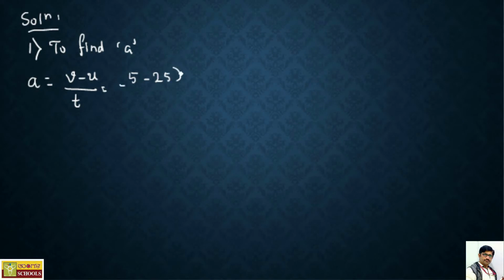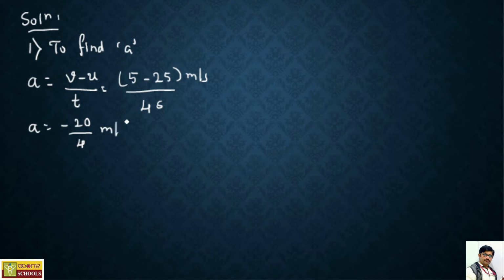You take meter per second common, divided by 4 second of time, and hence A is equal to minus 20 divided by 4 meter per second square. 4 fives are 20, therefore acceleration is minus 5 meter per second square.